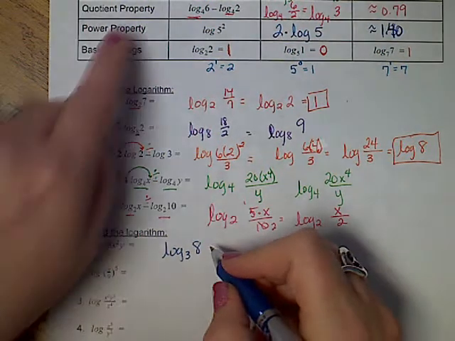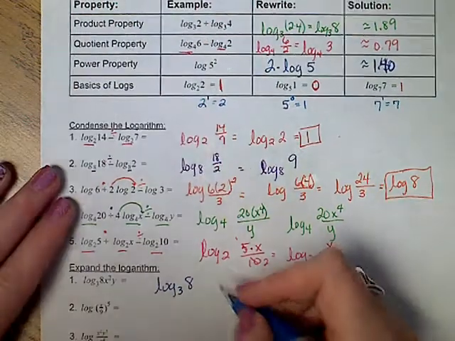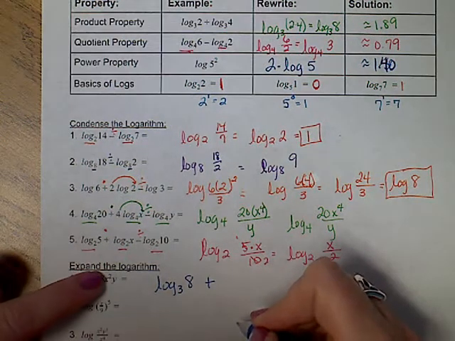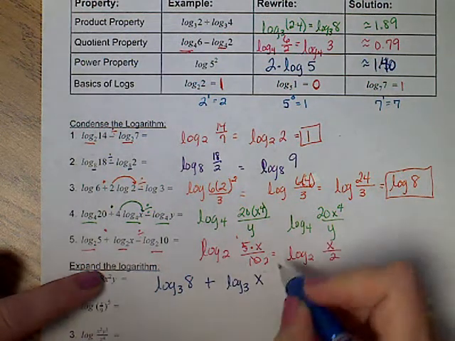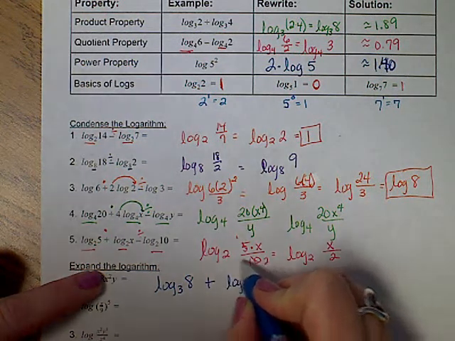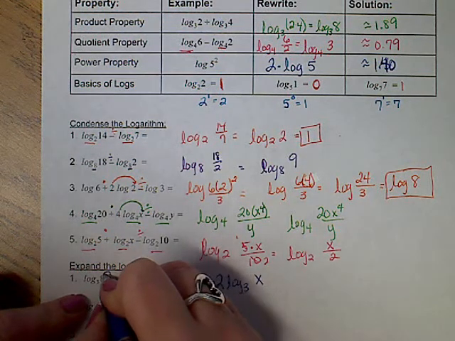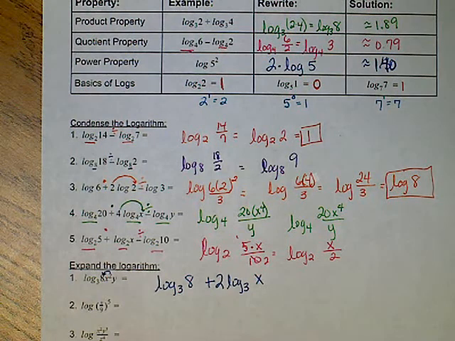So remember, multiplying means that we were really adding when we're working backwards, so plus. Now we've got x squared. It's got to be log 3 of x, but I don't put the square up here. Remember, it goes in front. If you need to on your problem, you write yourself an arrow so that you know it's moving forward.